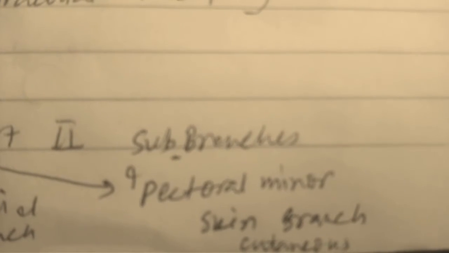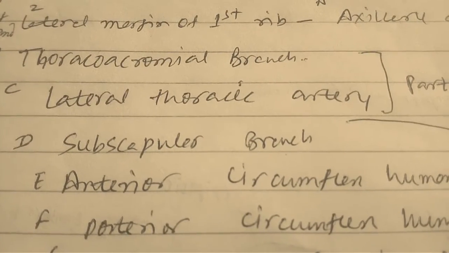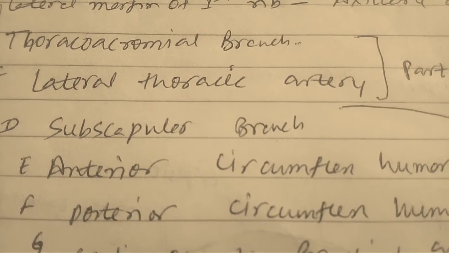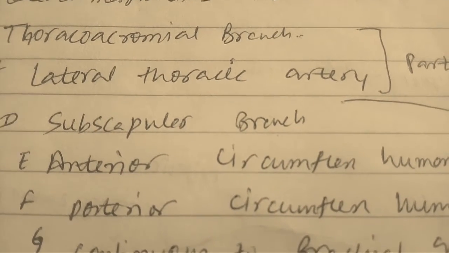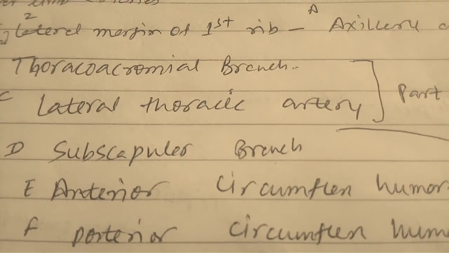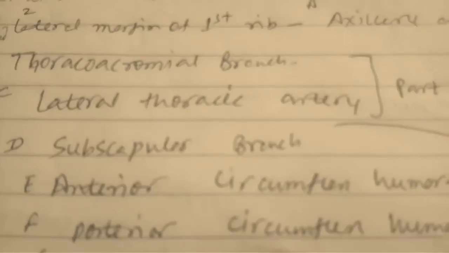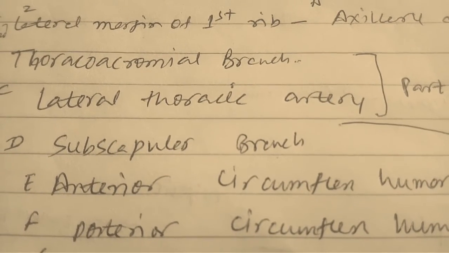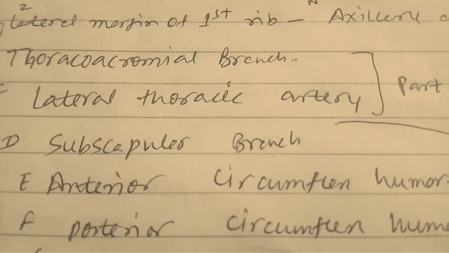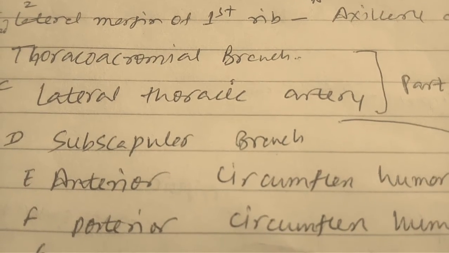Now we have seen the thoracoacromial branch, and we also saw the lateral thoracic artery, which would be responsible to supply all the relevant structures and also the lateral facet of the ribs of the thorax itself, because they require nutrients and the calcium supply also, so as not to get resorbed in the process.